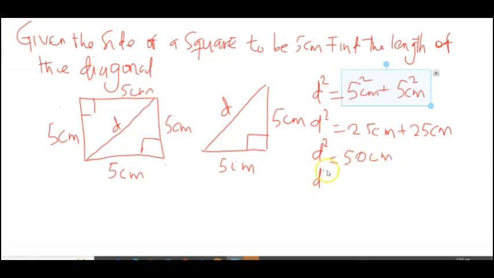So d is equal to the square root of 50 centimeters. Again, I want us to solve this without a calculator, so this is the same as the square root of 25 times 2. This can also be written as the square root of 25 times the square root of 2.